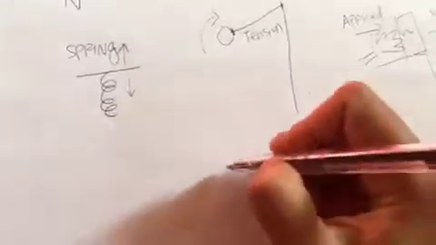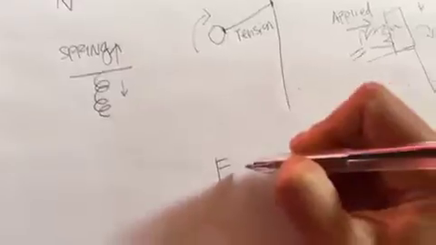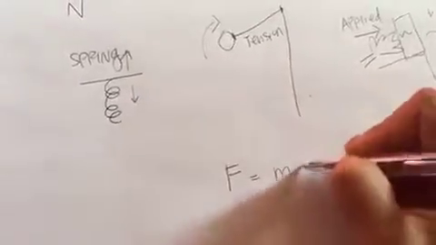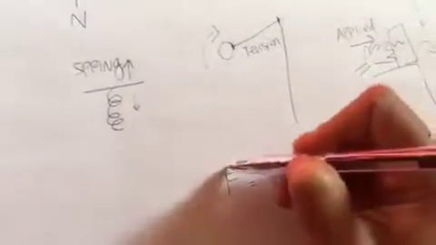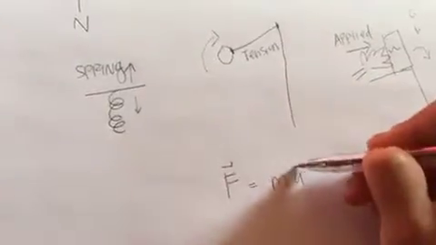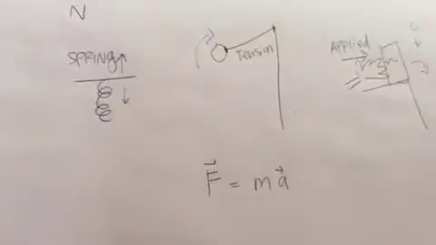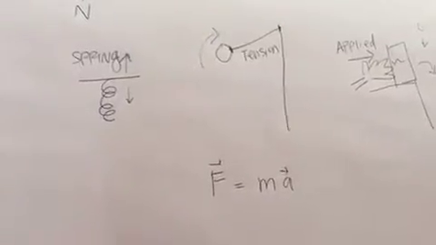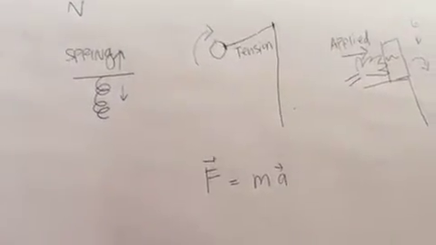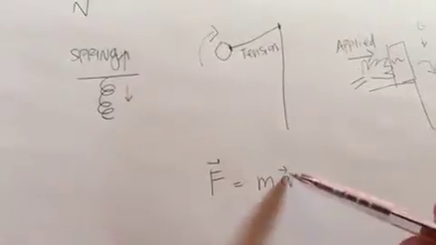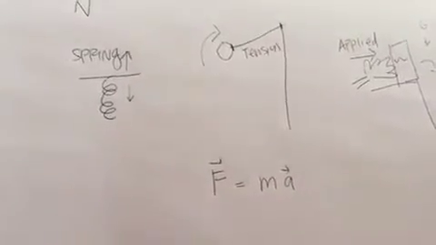These are all forces. Let's take a look at Newton's second law. It says force is equal to mass times acceleration. Force is a vector, so is acceleration. What is a vector? A vector just means it has a numerical value, known as a magnitude, and a direction. That's the special part of a vector, that there is a direction.